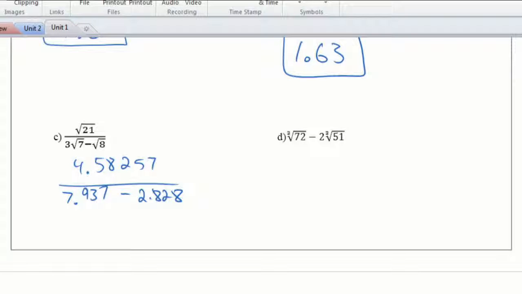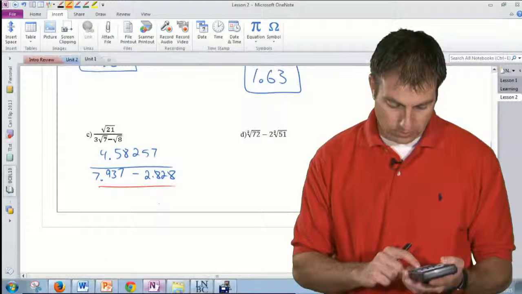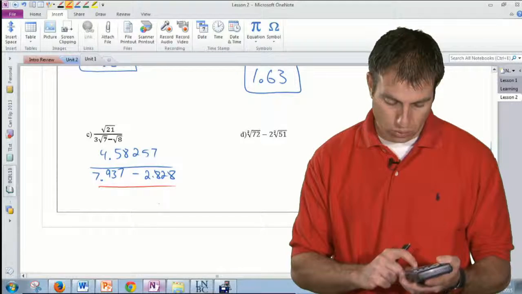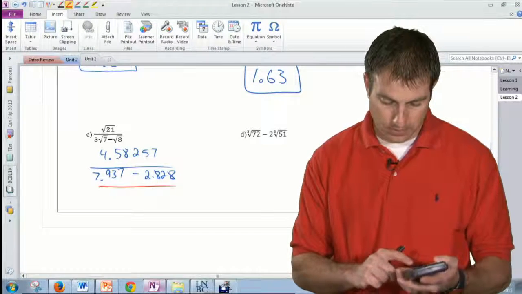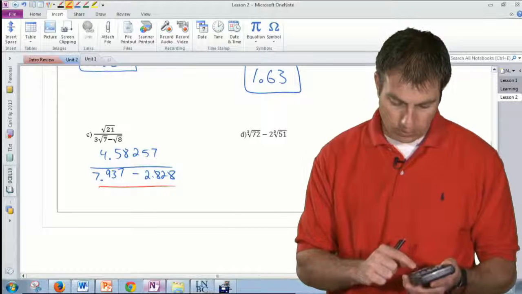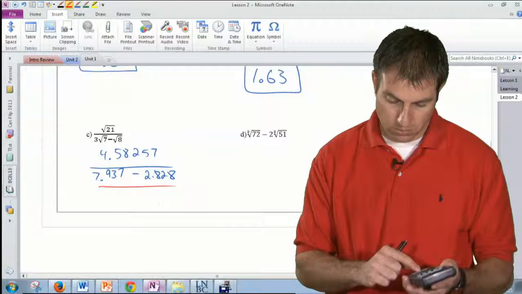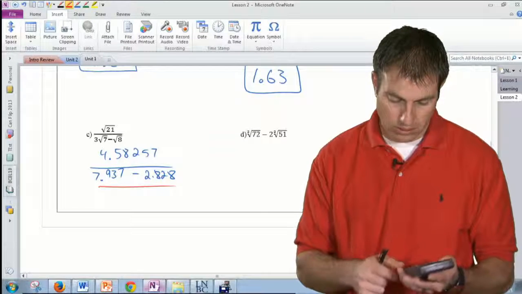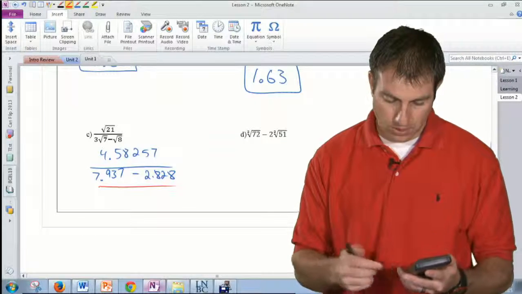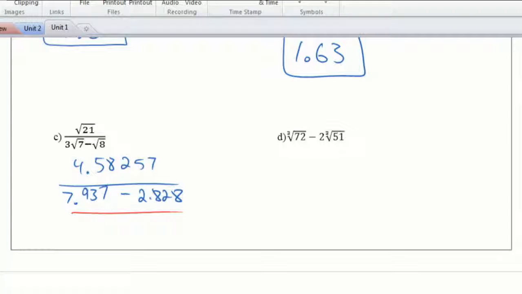All right, now I'm going to do the subtraction on the bottom, and then I can do the division after. So 4.58257, minus 7.937, minus 2.828. End up with 0.896.